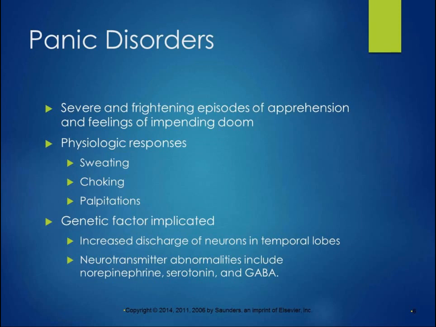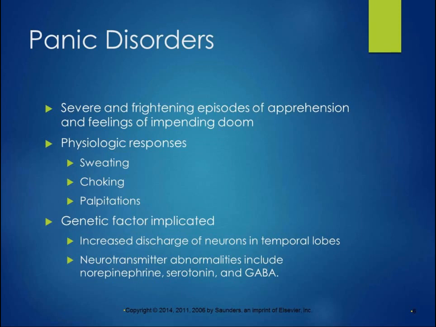So a lot of times when people are going through psychotherapy to deal with panic disorder, part of it is getting a hold on that idea that even though they feel that panic, it's not going to last forever.